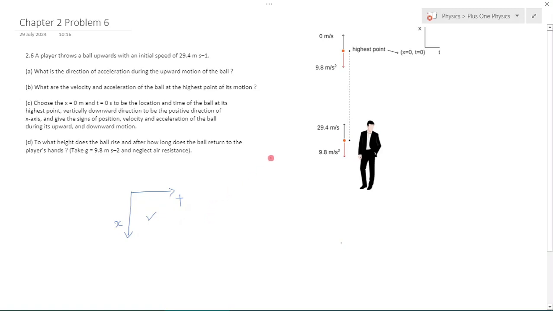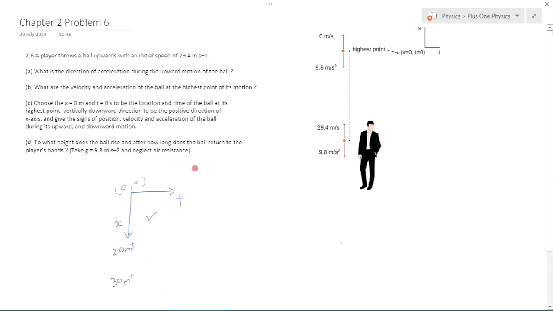So in the upward motion, the ball is normally at the reference here. The ball is actually not at zero. It is at some positive x value at the normal position, and after some time it reduces to this position. For example, take this as 30 meters and this as 20.